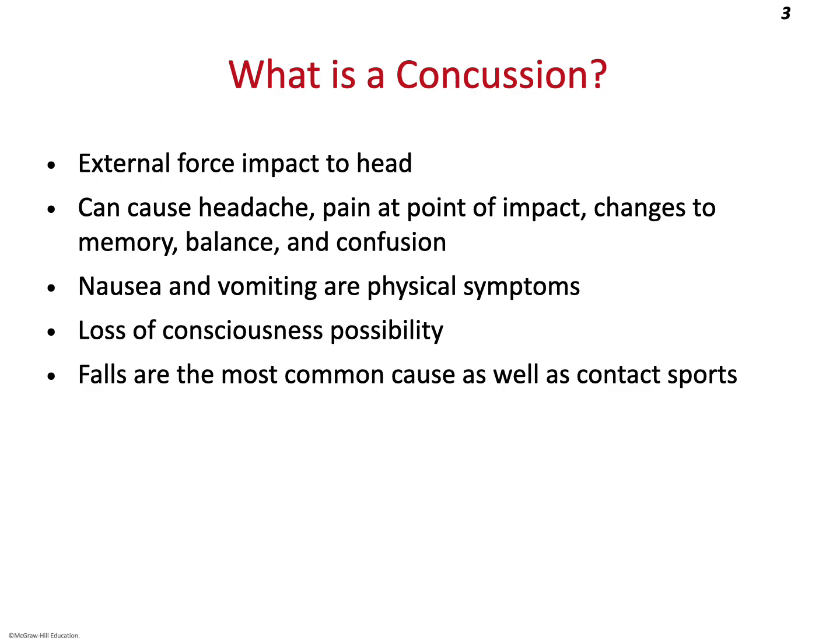Often, nausea and vomiting are physical symptoms reported. And a loss of consciousness is possible, so we want to be watching for that in the notes. Falls are the most common cause of concussions, and the number 2 reason is contact sports. You may have seen that in the news of late.